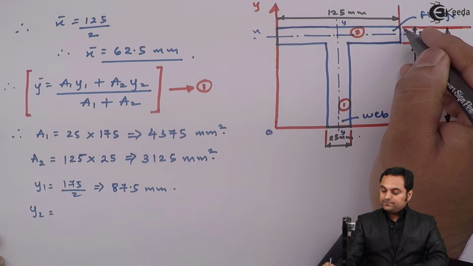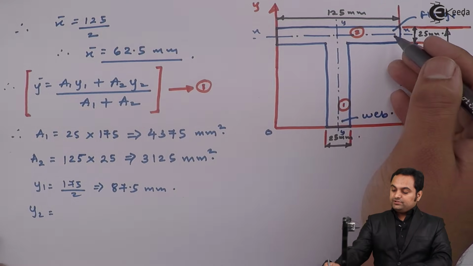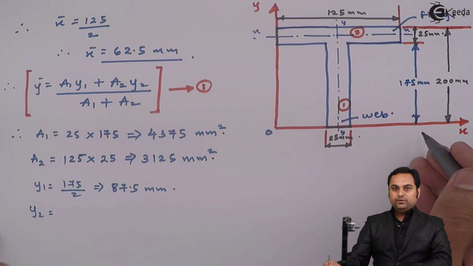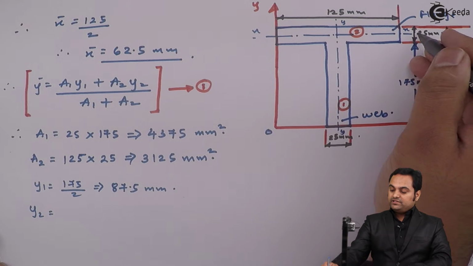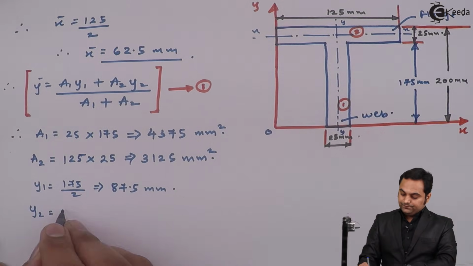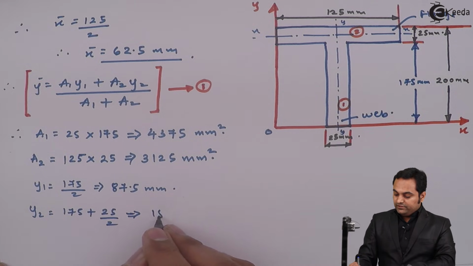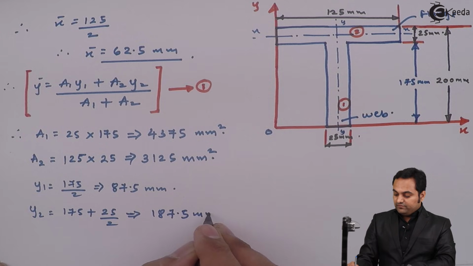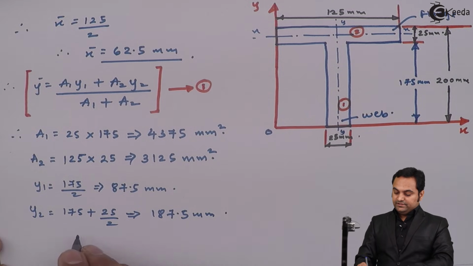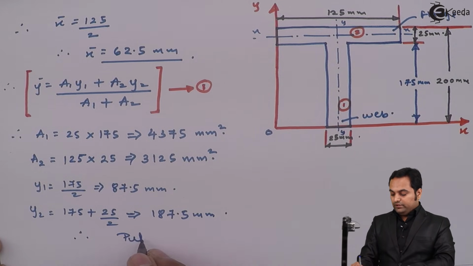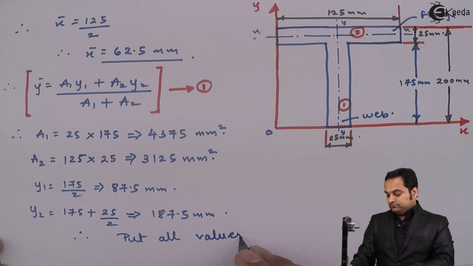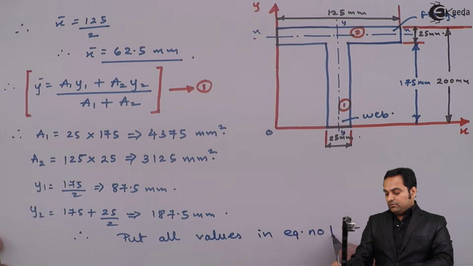Next, y2 is the location of centroid for the second section, and its centroid is located at the x-axis, which is passing here. So the distance of this x-axis from the bottom will be 175 plus half of 25, so it is 187.5 mm. Next, I'll put all the values in equation number 1.